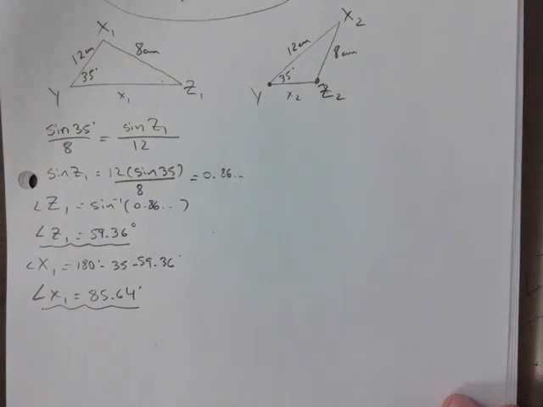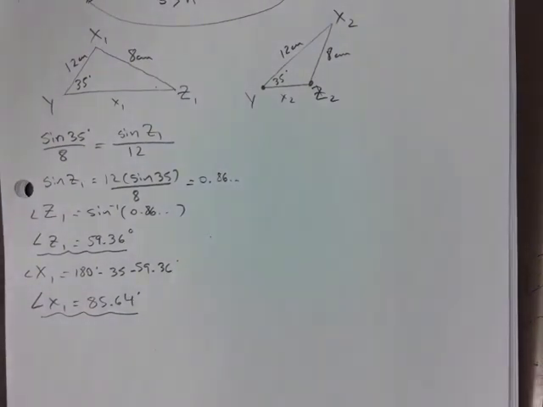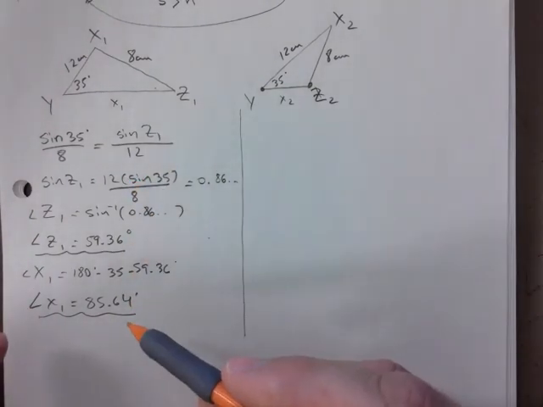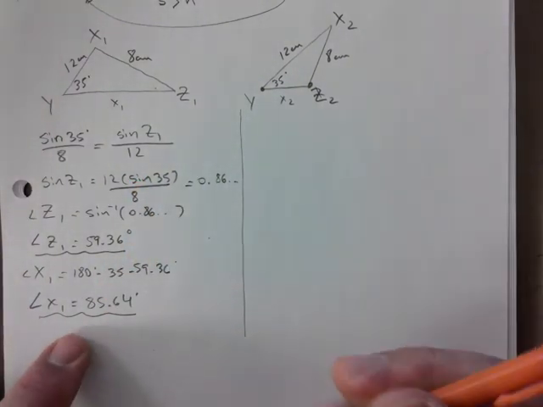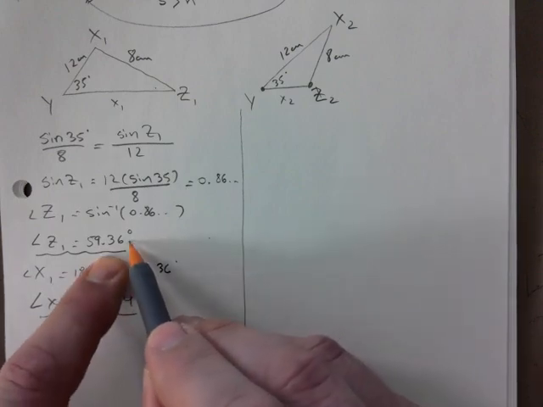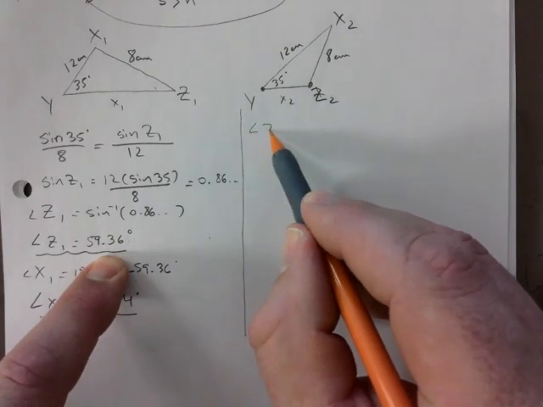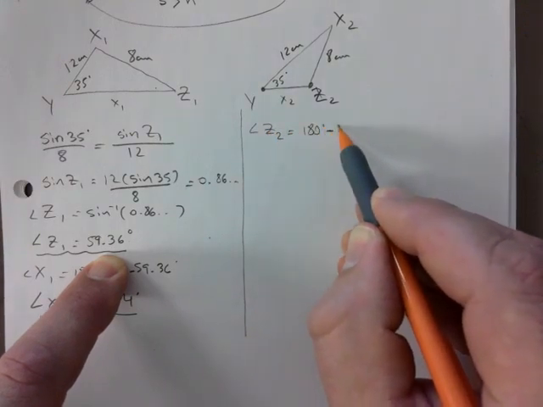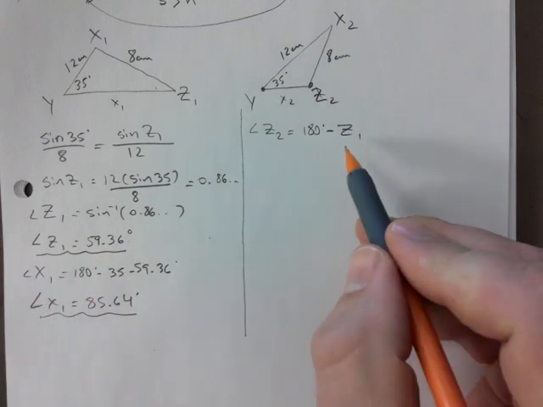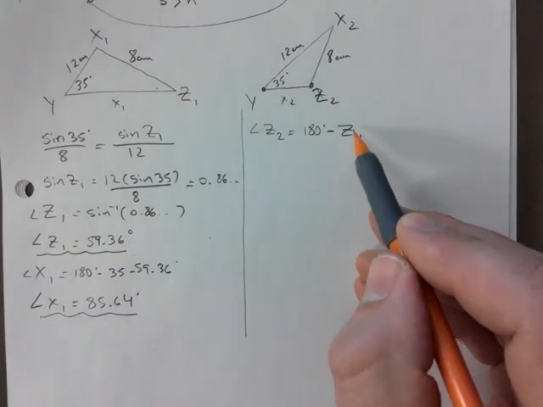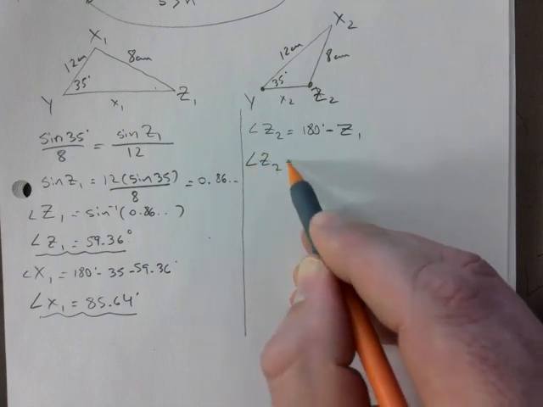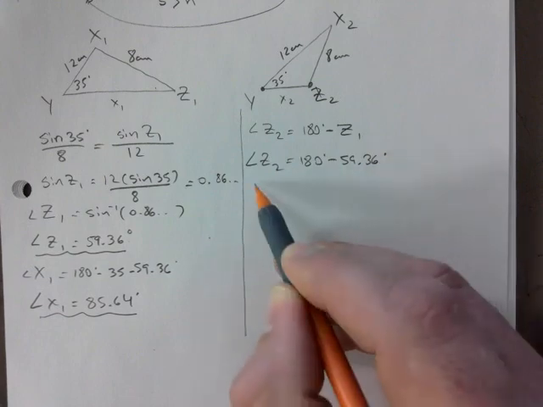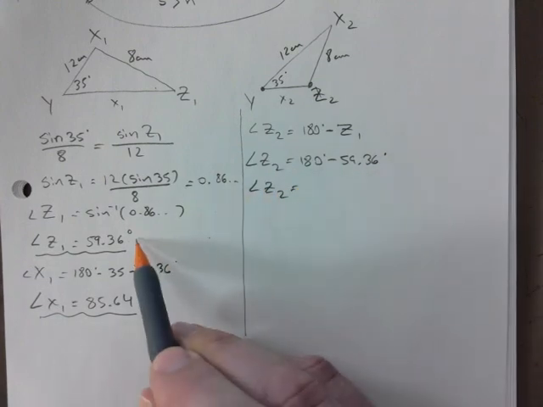Maybe I'll park it there. I'll show you now how to make this faster and streamline it. I stop now. I have all angles, right? I'm going to take this one with me. So to find angle Z2, you go 180 minus Z1. That's basically what you're going to do. So you take this one over, and I will put an arrow down in a bit. So 180 minus 59.36, sorry.